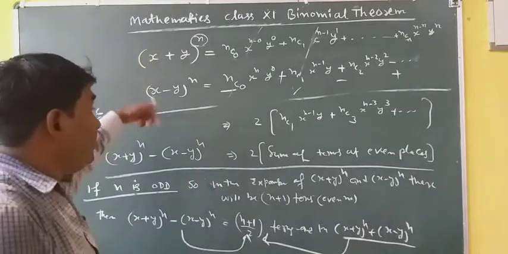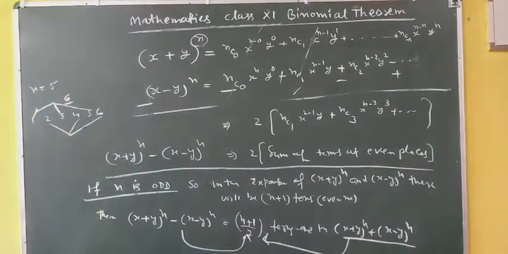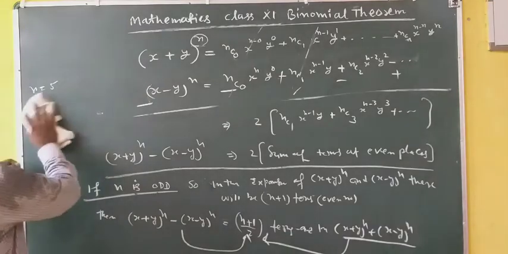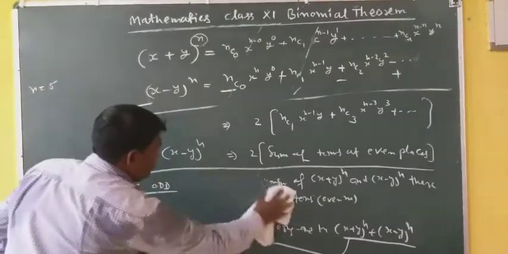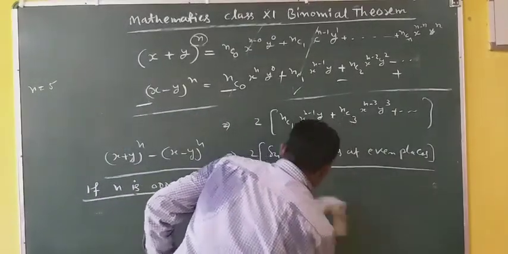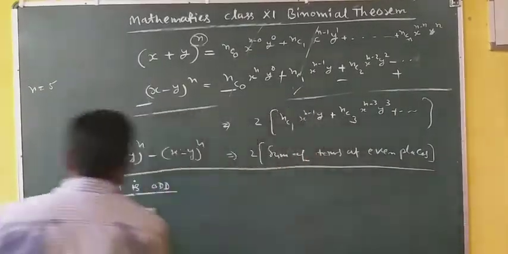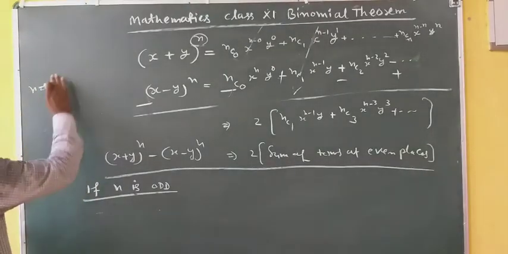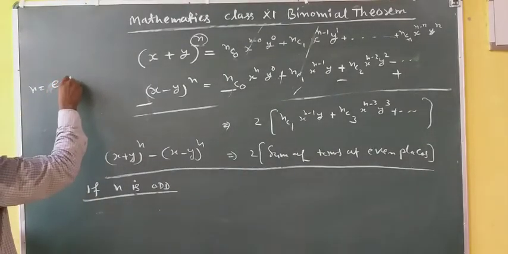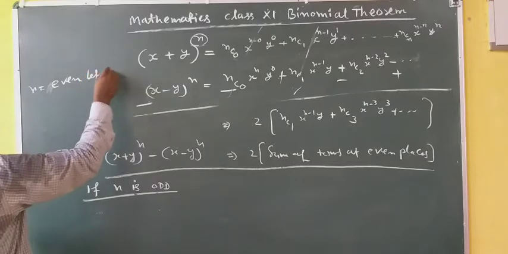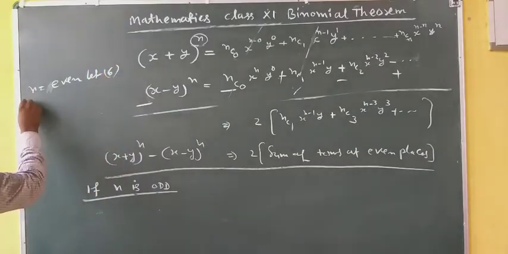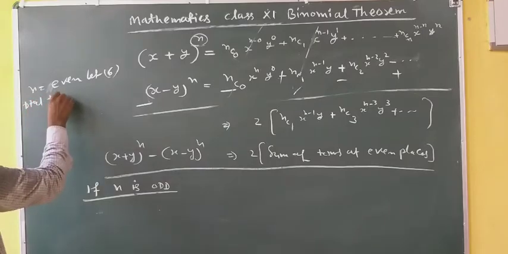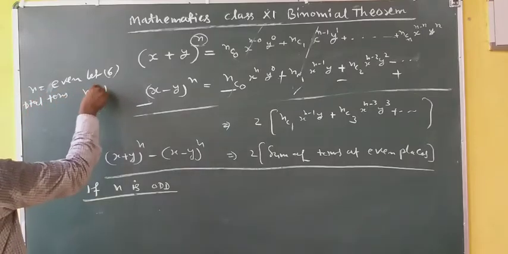But when n is even, I am taking an example. If n is an even number, let it be 6. Then total terms will be equal to n plus 1.